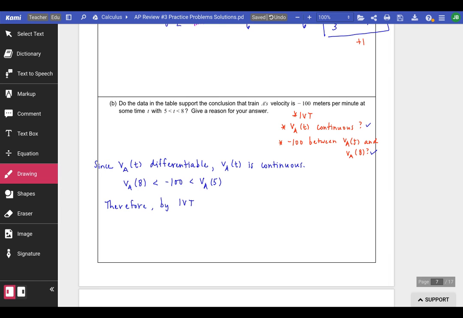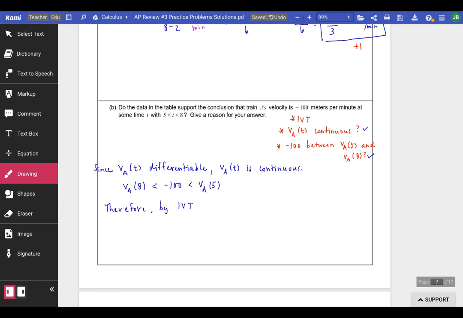So I'm going to say by IVT, there exists a time t in my interval from 5 to 8 such that the velocity of train A at that time is equal to negative 100. And then we'd be done. We've proven the conditions and we stated the conclusion.